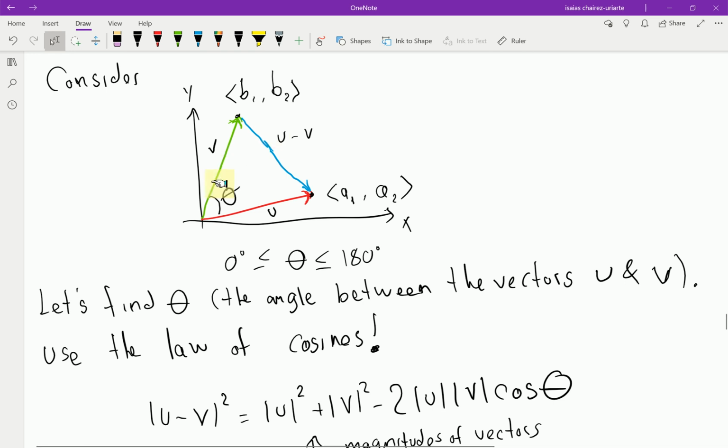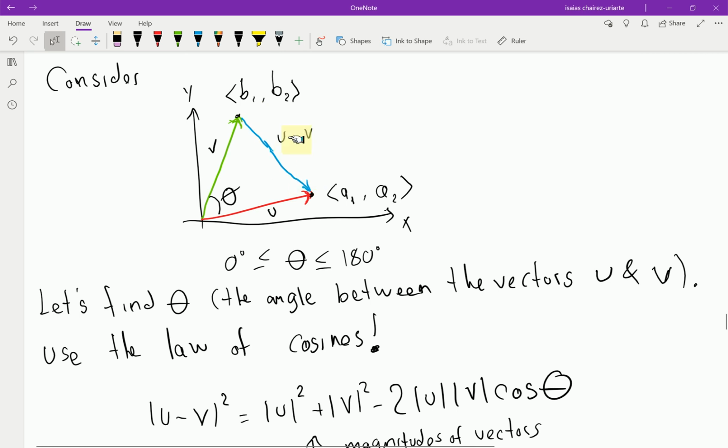Right now I'm trying to find this angle theta. Do I know the length of the vector u? I do know the length. The length of the vector u is just its magnitude. Do I know the length of the vector v? I do. The length of vector v is the magnitude of v. I also know the magnitude of this vector in blue, u minus v.